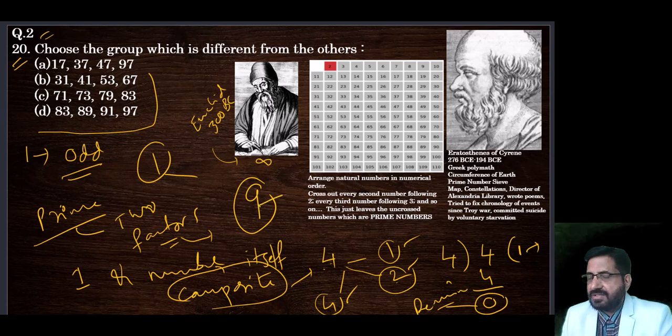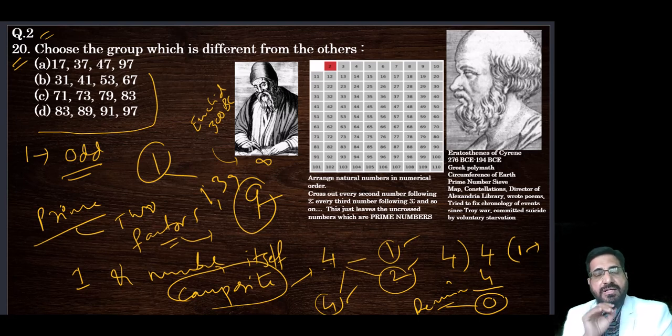Because it has more than two factors: 1, 3 and 9 itself. So even though all prime numbers are odd numbers, not all odd numbers are primes. Please remember this, because this principle is applied here.